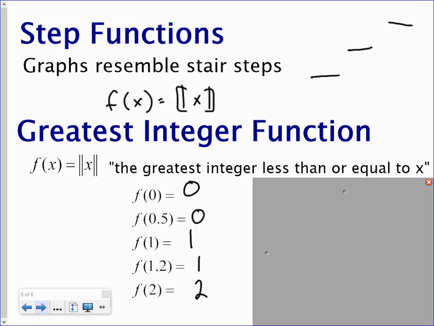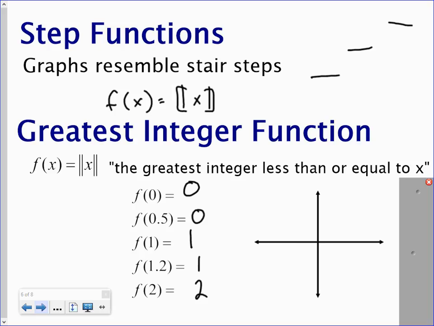So notice that our outputs are only going to be these integer answers, 0, 1, 2, 3, 4, and we're also going to have -1s, -2s, -3s, which results in that sort of floating staircase. So when we graph the greatest integer function, f of 0 is equal to 0, so I have a point right here at the origin.